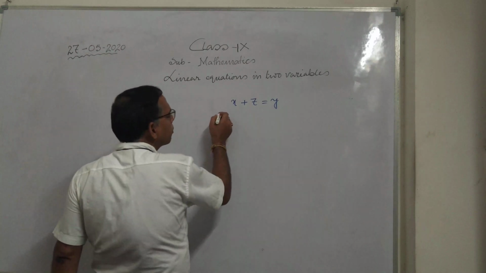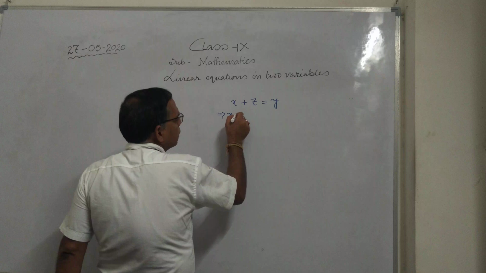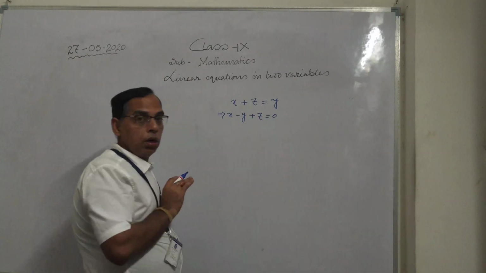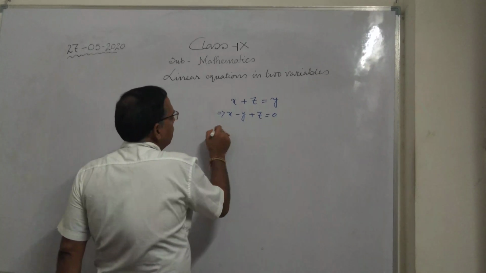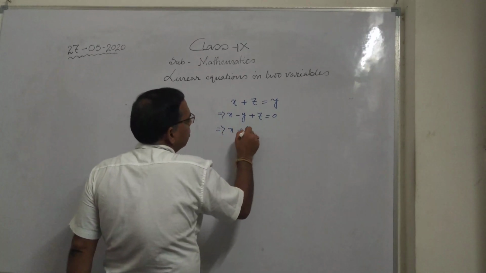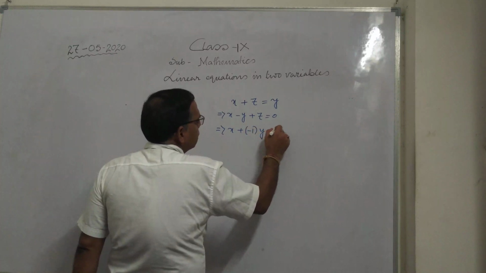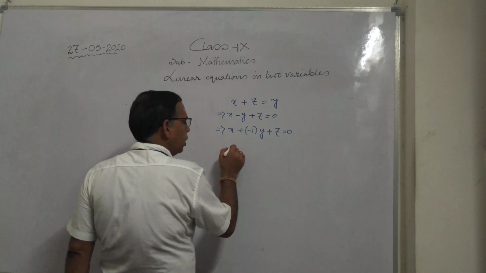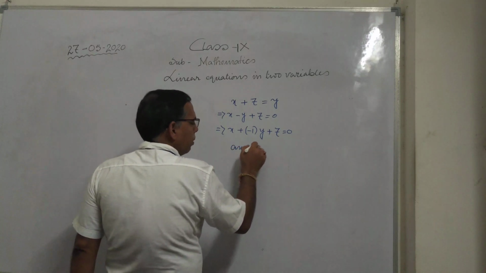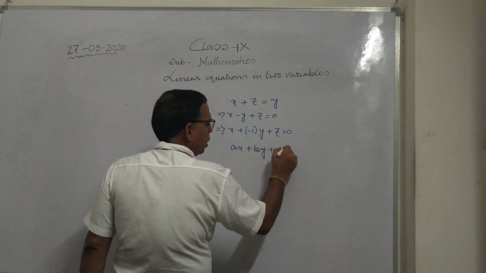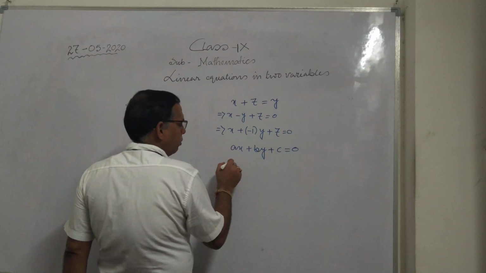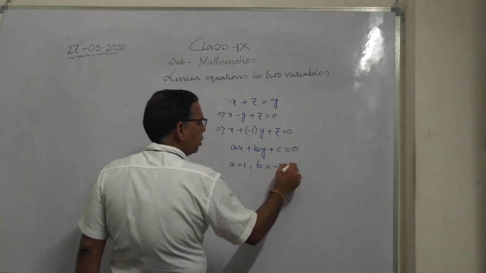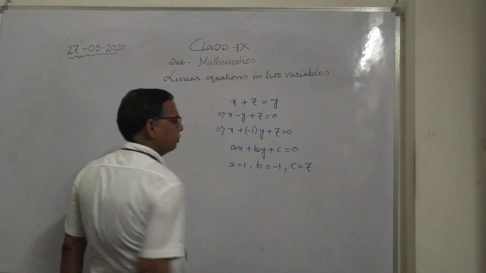Then what will you do? x minus y plus 7 equal to 0. But still it is not in the standard form, so we have to convert it into standard form. x plus minus 1 y plus 7 equal to 0. Now if you compare, what was the standard form of a linear equation in two variable? ax plus by plus c equal to 0. So if I compare, then a equal to 1, b equal to minus 1, c equal to 7.